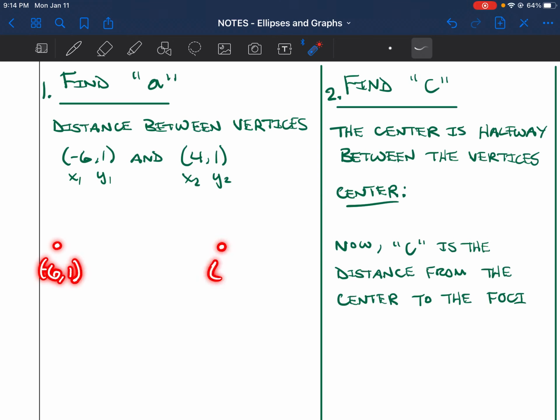And then we'd have positive 4 up 1 as a point over here. So we can see that the y value is the same. So horizontally, we just need to find the distance from negative 6 to positive 4. From negative 6 to positive 4, the distance in between is 10. So the length of the major axis is 10.